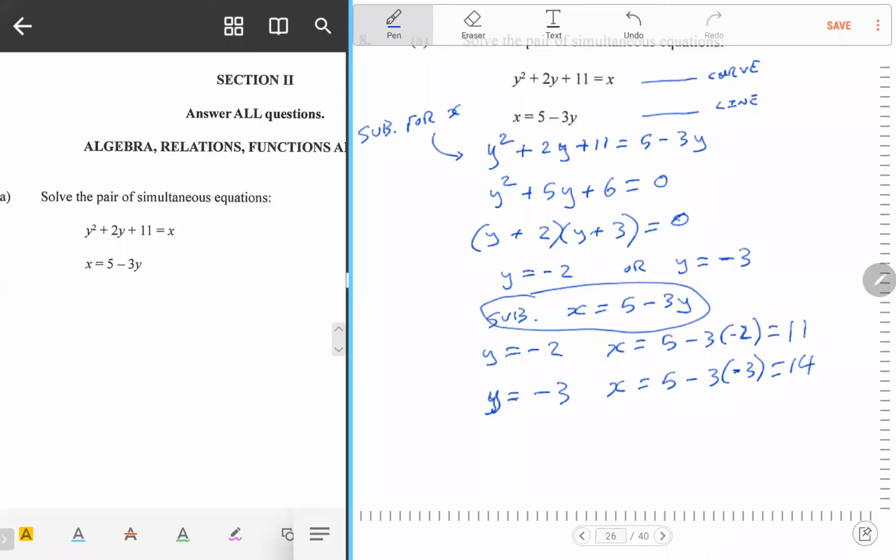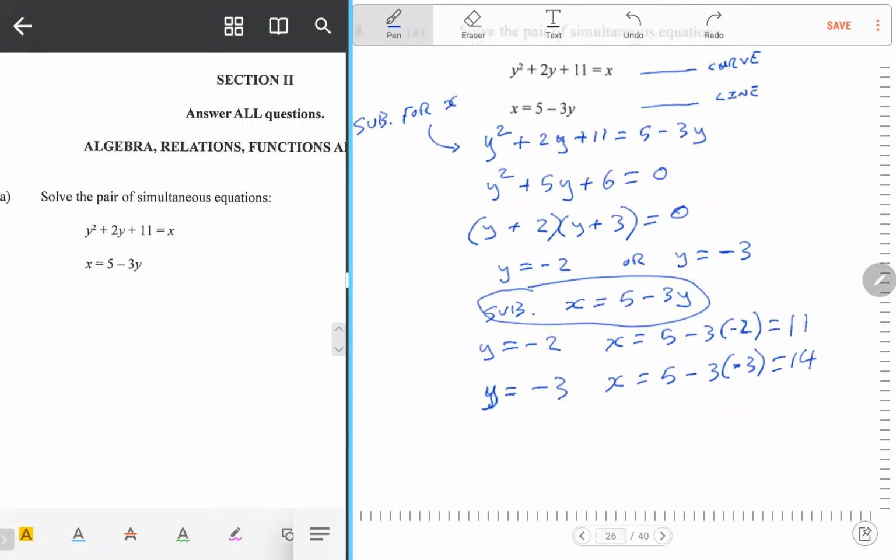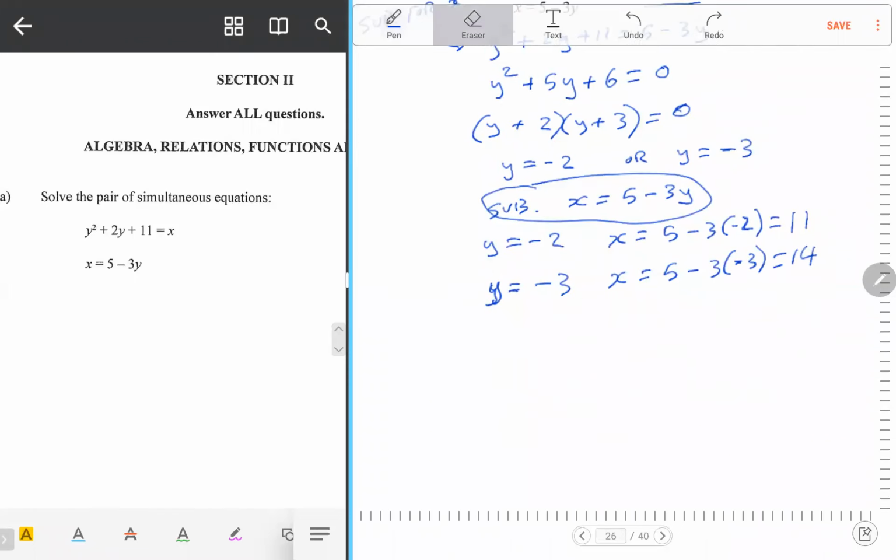Now, what you want to do sometimes is state a solution. You have to be careful. Always state the solution. Because we calculated the y values first, some person might make the mistake and put the solution as the 2 points of intersection as negative 2, 11.